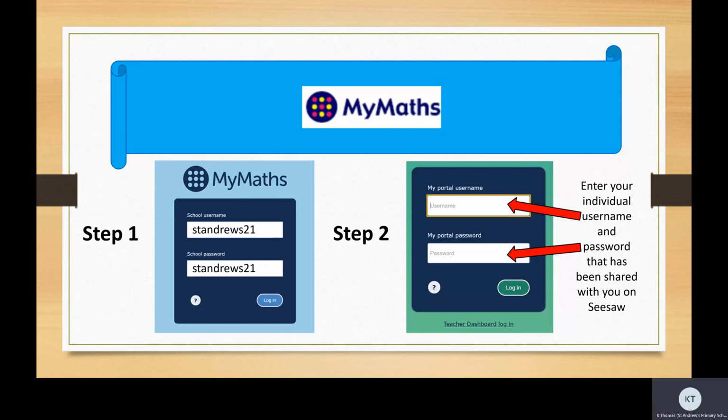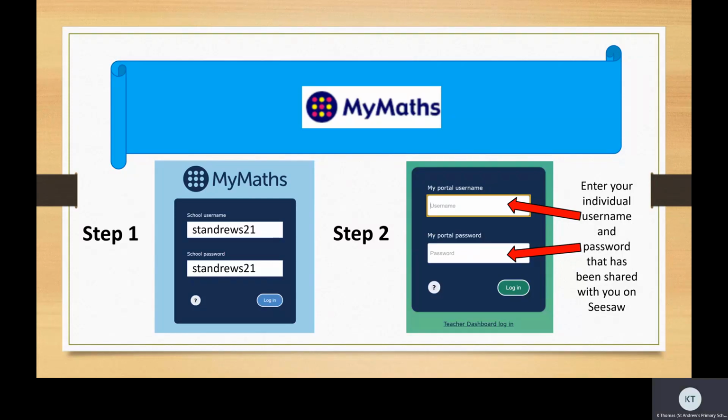Once you've completed that step, you are on the St Andrews portal. But you need to complete a second step. You need to get onto your individual section by using your individual username and password. Your teachers have shared these with you on Seesaw because My Maths is a two-step process.